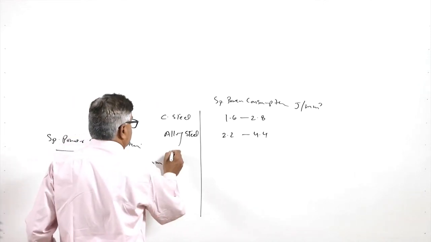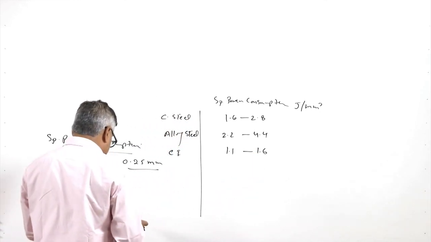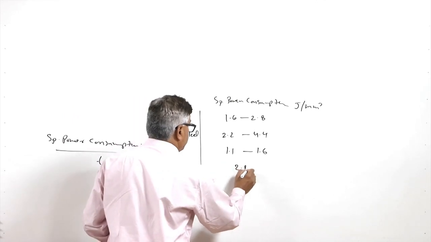For cast iron it varies from 1.1 to 1.6, and for stainless steel it is 2.8.